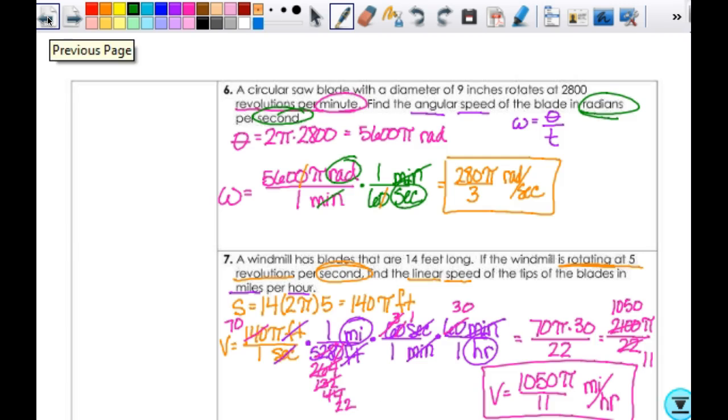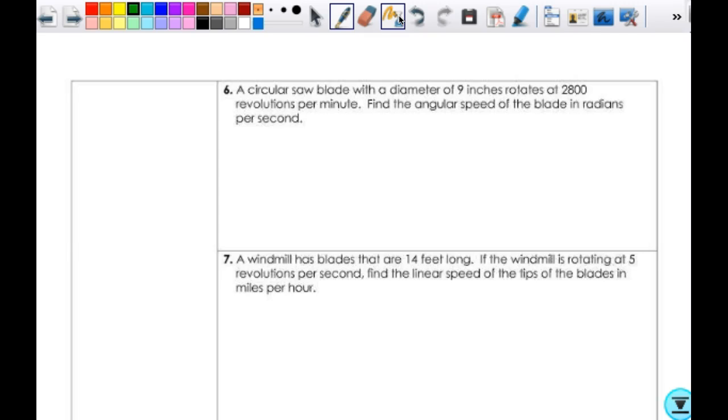Oh, I didn't clear it off, that's why. Oh my gosh, this board. It may not be right. Oh, I know it's recording. Okay, let's do number 6 together because we skipped 3 and 4.